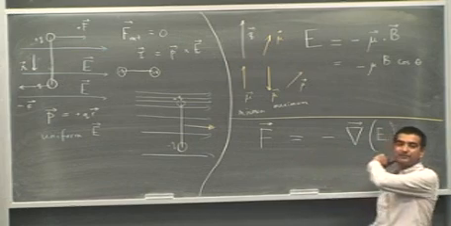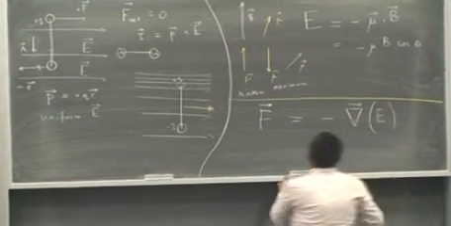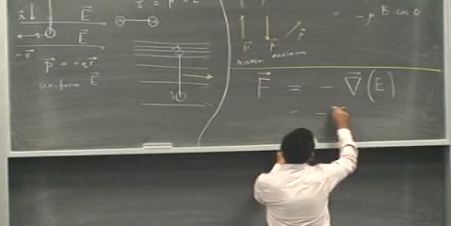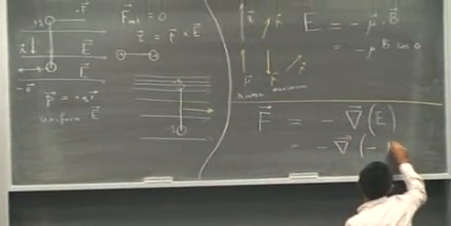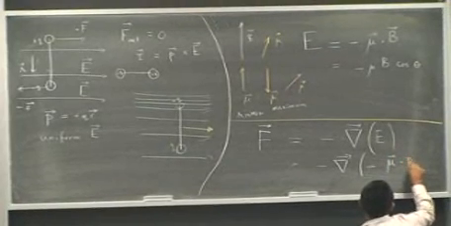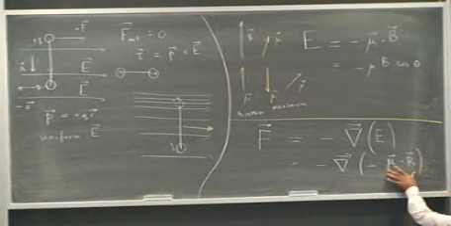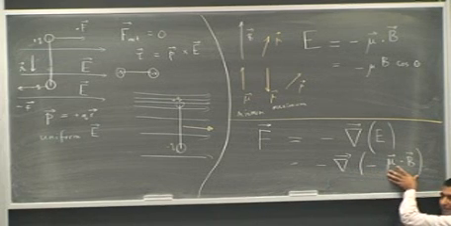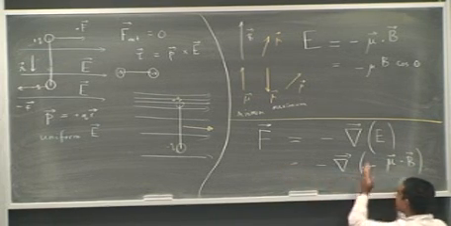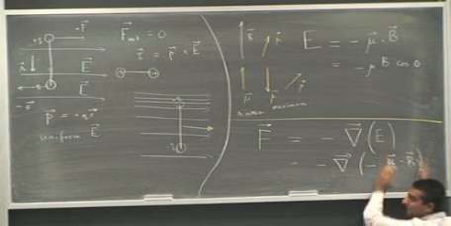So this is the force: minus del of the energy, which is minus mu dotted with B. Remember this is a scalar quantity, so now the gradient operator is acting on a scalar quantity to give you a vector.